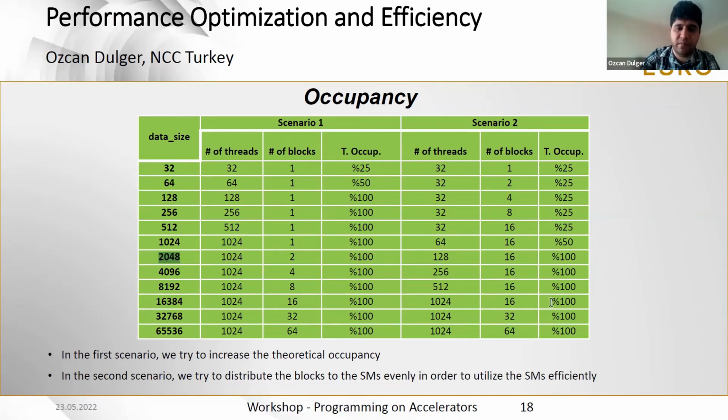So our target is to obtain efficient utilization of the streaming multiprocessors. As you see in the first scenario, when the data size is very low, only one streaming multiprocessor is active. The remaining ones are idle.